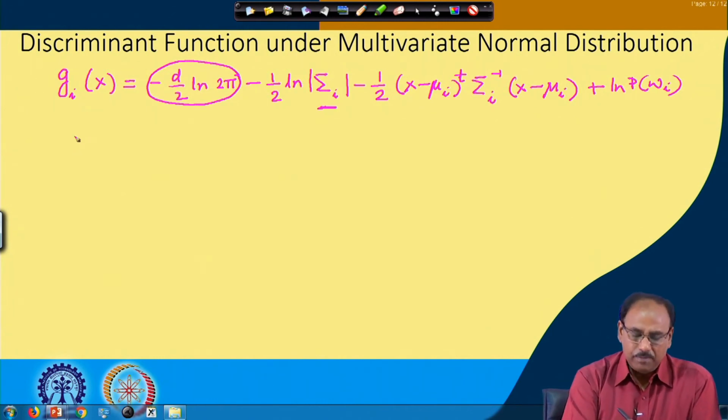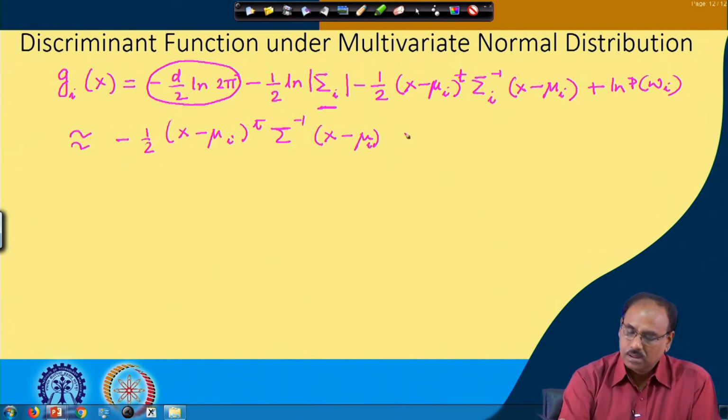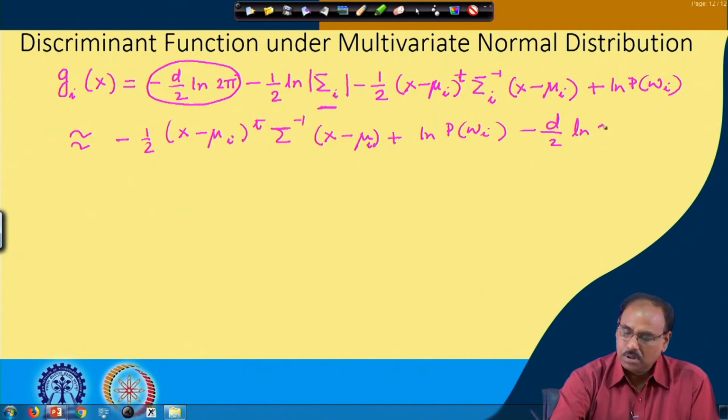That gives me that g I x will be simply minus half (x minus mu I) transpose sigma I inverse (x minus mu I), plus log of p of omega I, minus half log of mod of determinant sigma I.